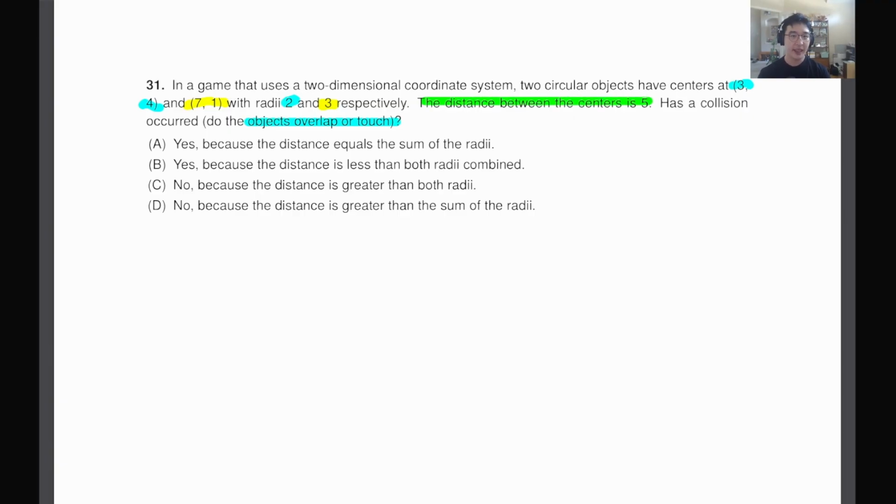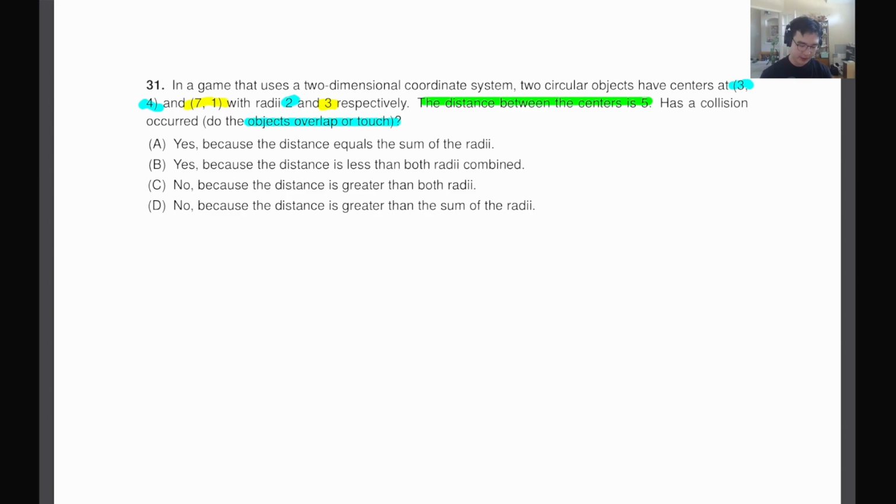Okay, and that is really key. The problem gives us a massive shortcut because if we didn't know that distance is exactly 5, we'd have to calculate it using the distance formula between those two center points that we were given. But because we were given that information, the distance is 5, we don't need to remember the distance formula and we can skip calculating that distance.